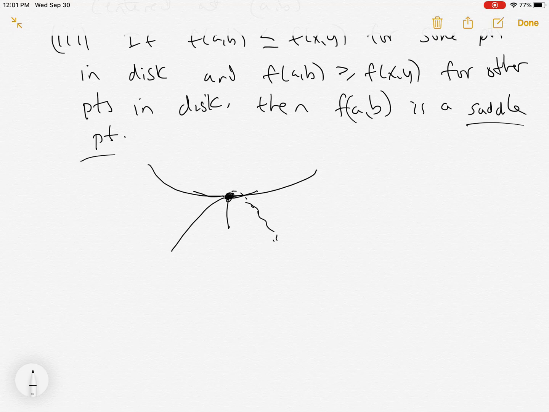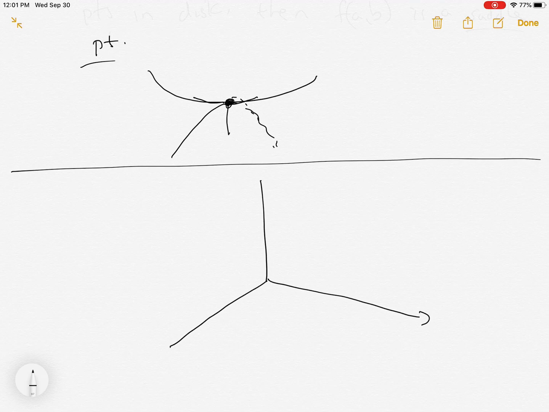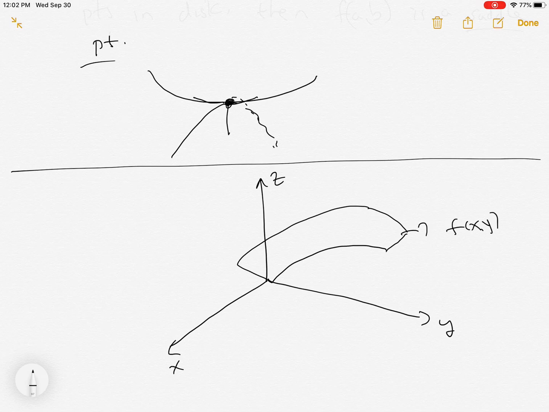All right, so let's look at these maxes and mins here. So let's say I've got my axes here, and somewhere along in this surface, so this is the surface f of x y equals z.